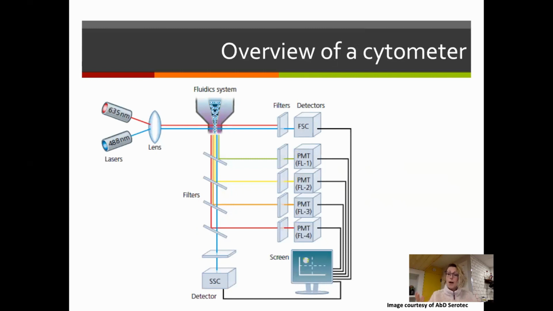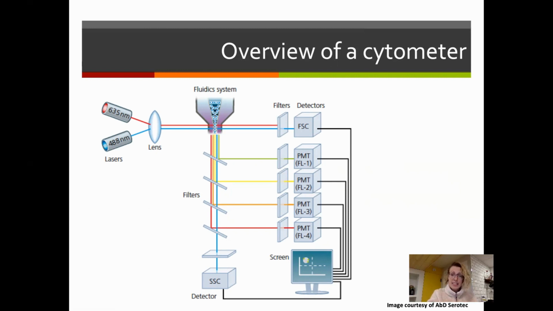So, giving you one more overview of a cytometer. You have your fluidic system that brings your cells into the machine, focused for the lasers, a single cell at a time. In the flow cell, this is where they intersect with your various lasers.